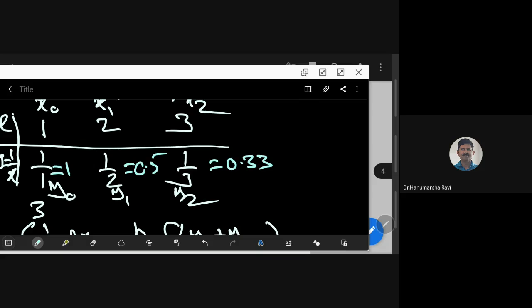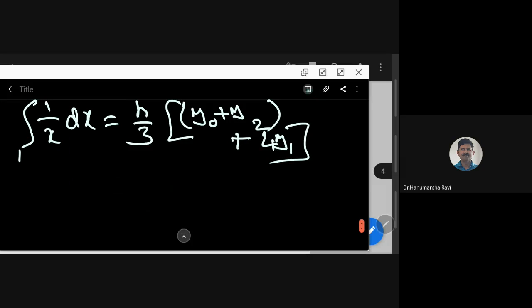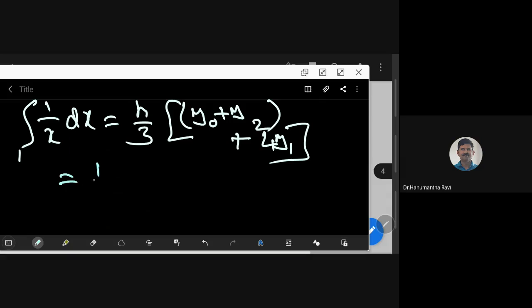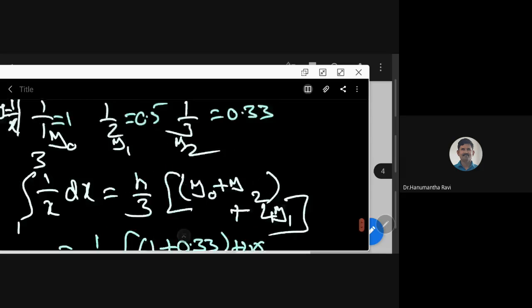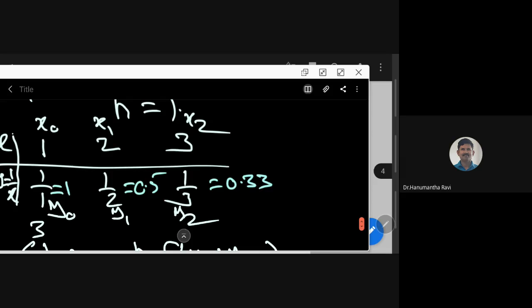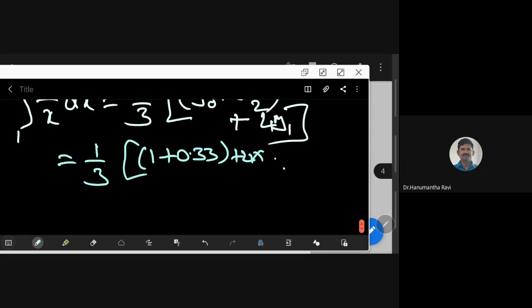So 1 by 3 into 1 plus 0.33, plus 4 into y1. What is y1? y1 is 0.5. So it is 4 into 0.5.